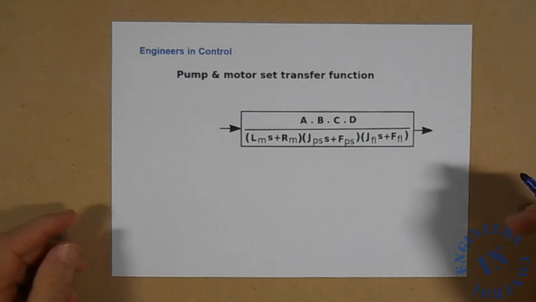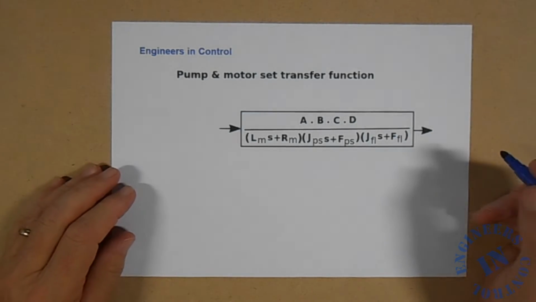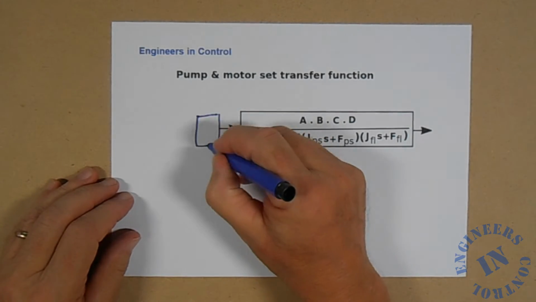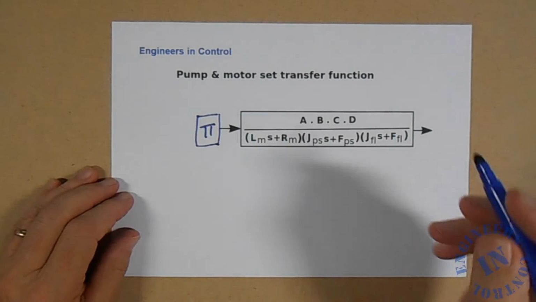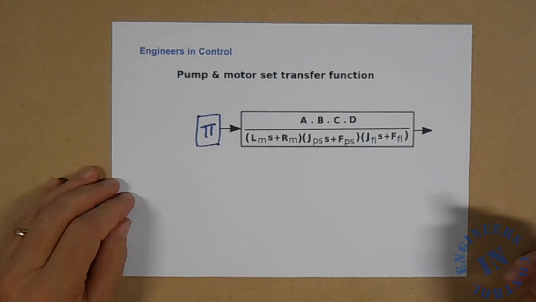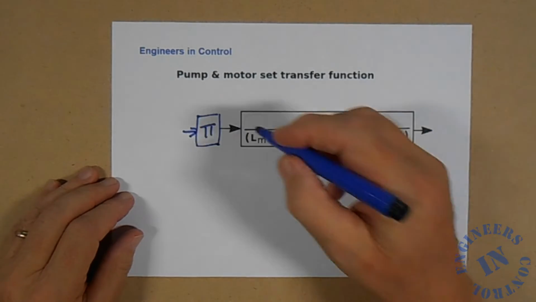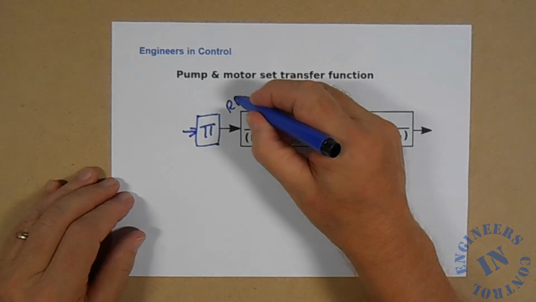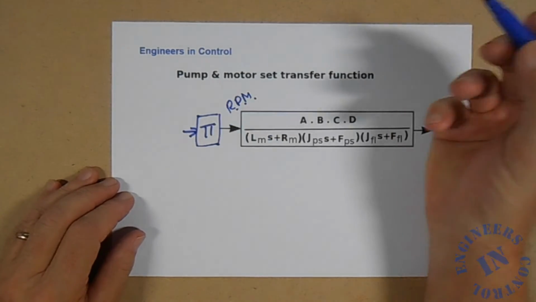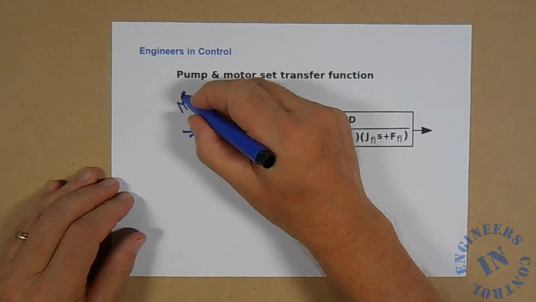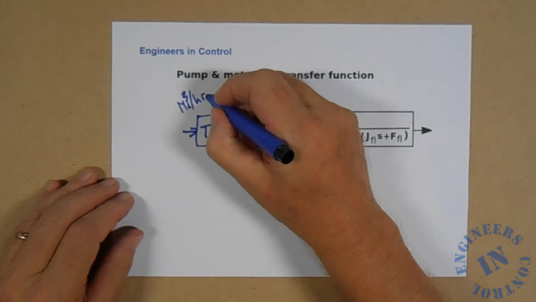So here is a process transfer function, and first of all we're going to need a conversion block in here, and that's simply a multiplier. And what it does, it converts your RPM driving the motor, and it converts cubic meters per hour of fluid.